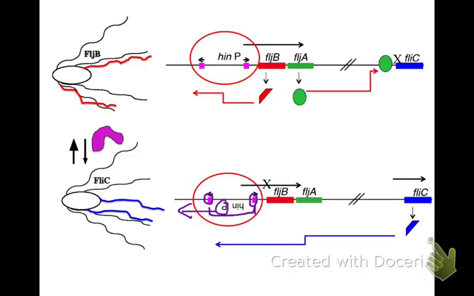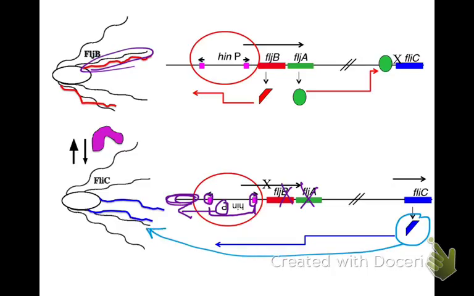It can transcribe the genes over here, but notice that we're not going to make any mRNA for FljB and FljA, so that means we're not going to make this flagellin up here, and we are not going to be able to repress FliC anymore. So that repressor is gone, and now the ability to make FliC allows the cell to start making this new flagella on the cell.